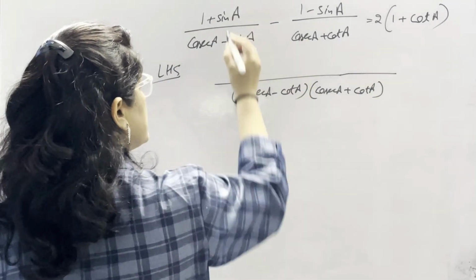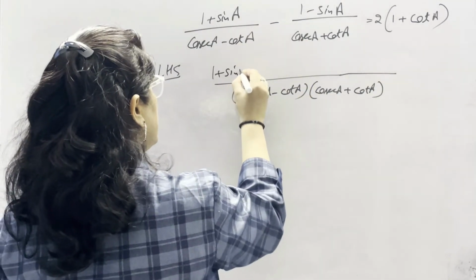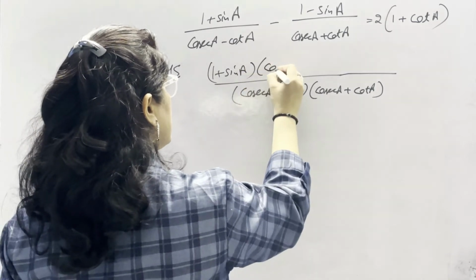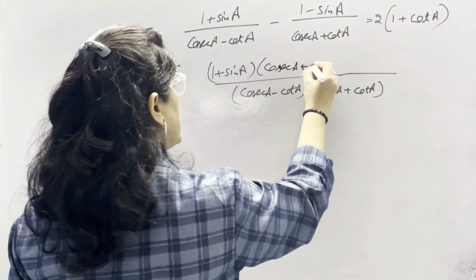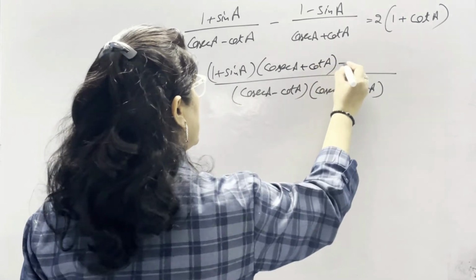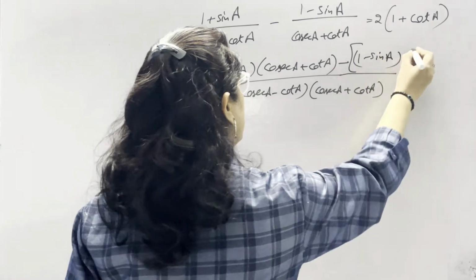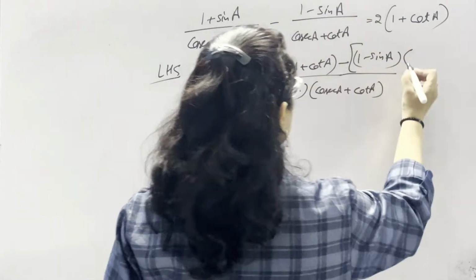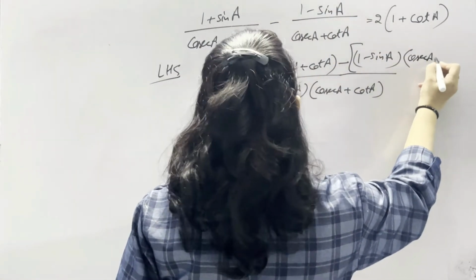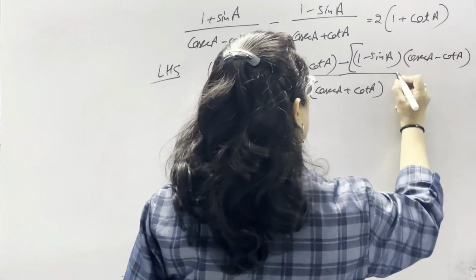We need to multiply these two. (1 plus sin a)(cosec a plus cot a), then minus (1 minus sin a), and then these two, (cosec a minus cot a).